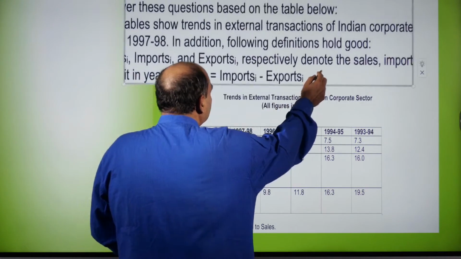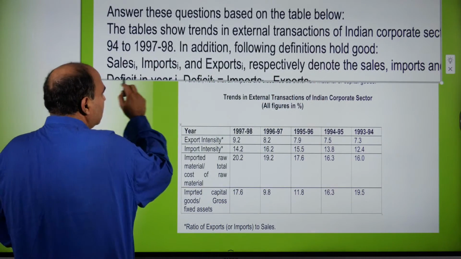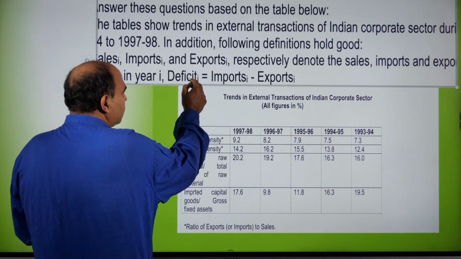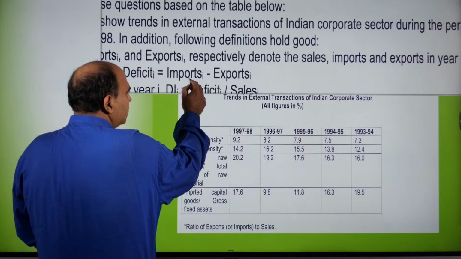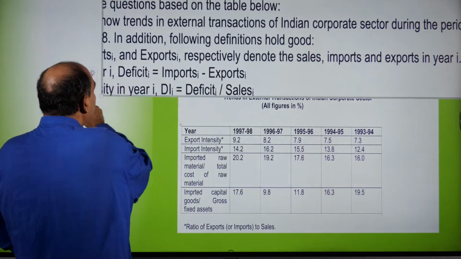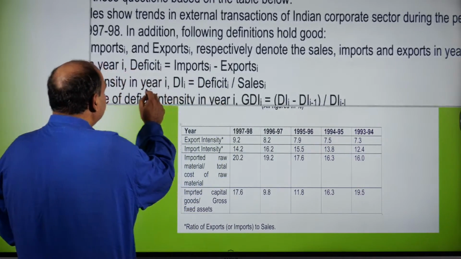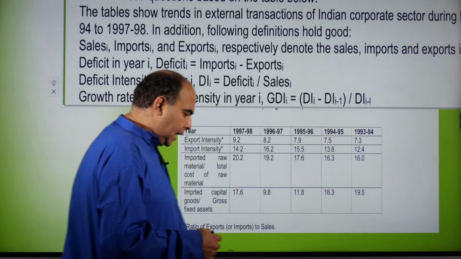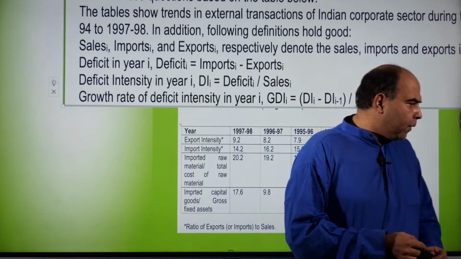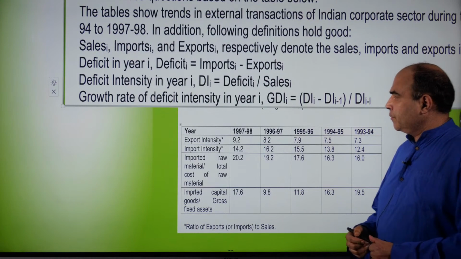The table shows trends in transactions of the Indian corporate sector during the period 1993-94 to 1997-98. In addition, the following definitions hold good.